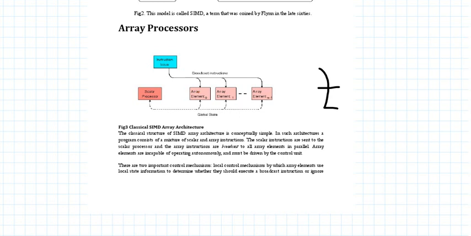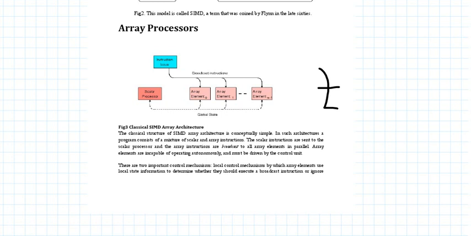That means at the clock cycle t itself, array element 1 can handle A1, and then if you have array element 3, A3 can be routed to array element 3 to get executed in the same clock cycle.